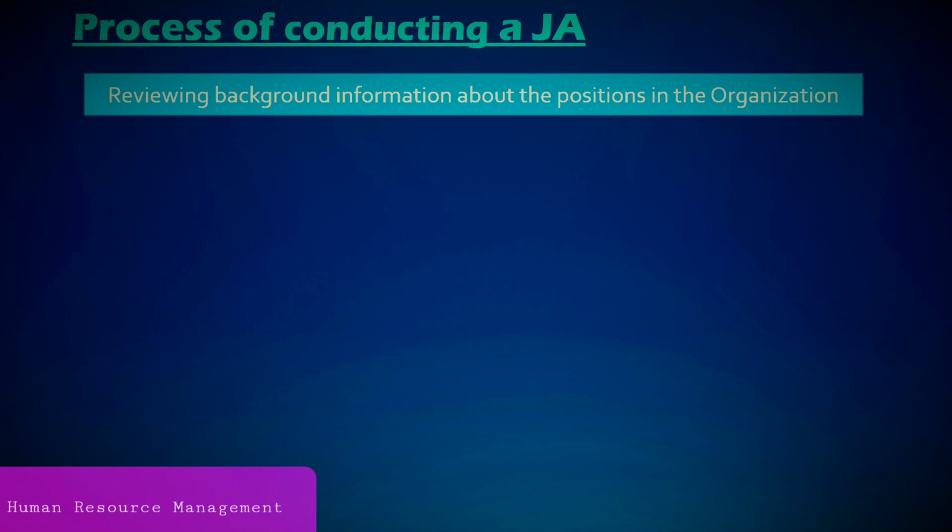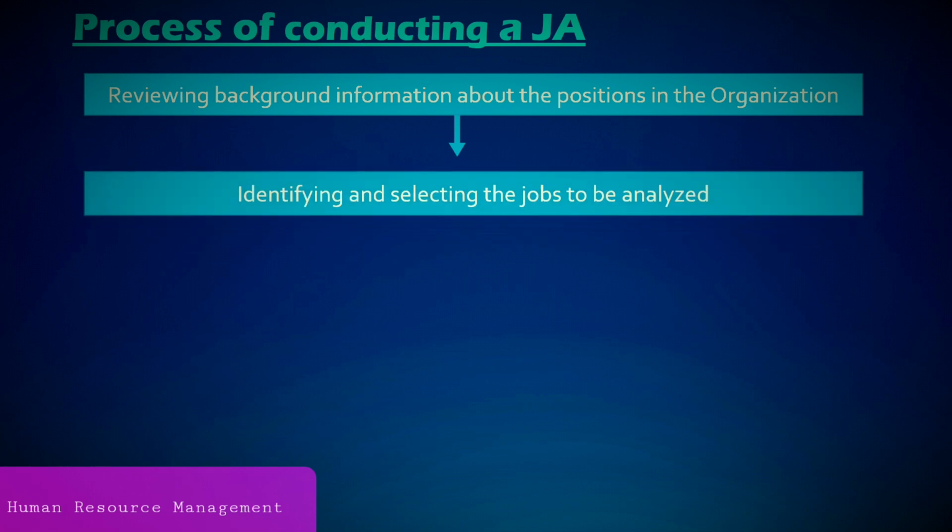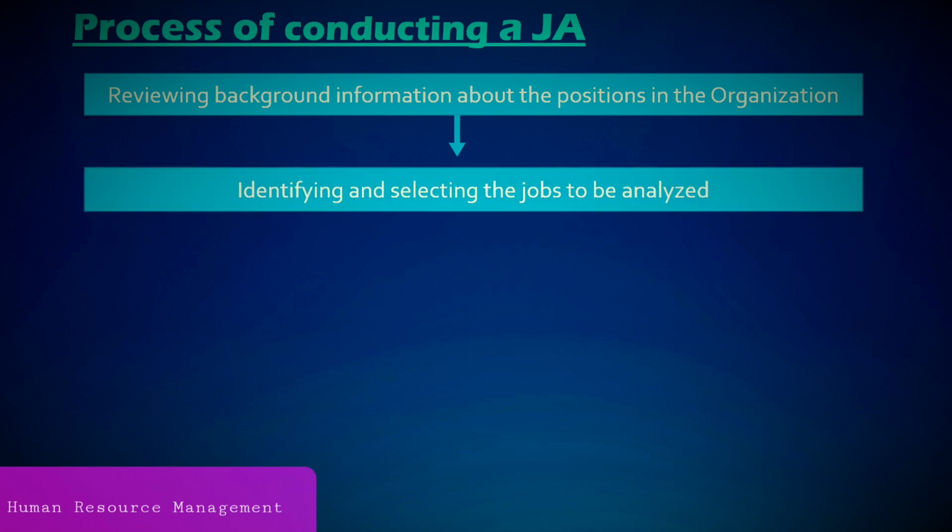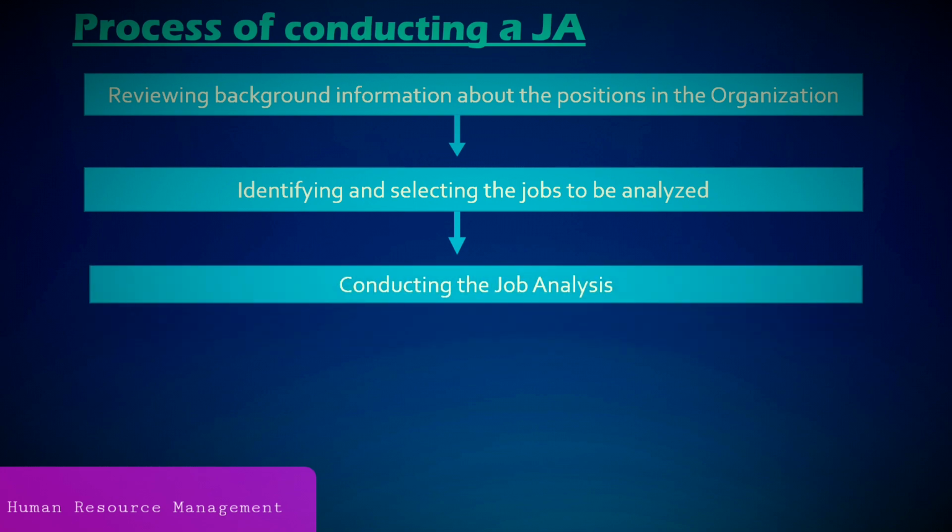After this step, the jobs that need to be analyzed have to be identified and selected accordingly. Then, the relevant data has to be collected by following the data collection methods which we discussed earlier, and start the actual job analysis.